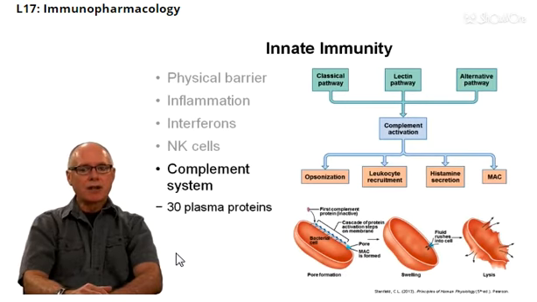This is referred to as the classical pathway. The second is through complement lectin molecules binding to mannose-containing carbohydrates on bacteria. And the final path, which is called the alternative pathway, is through the direct binding of a complement protein to carbohydrates that are present on the surface of bacterial cells.